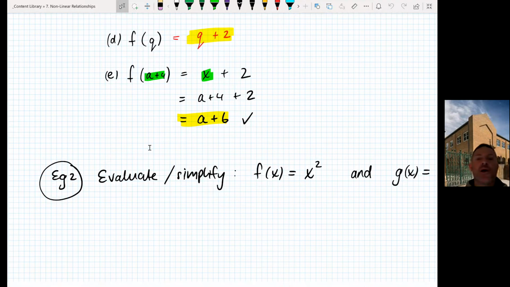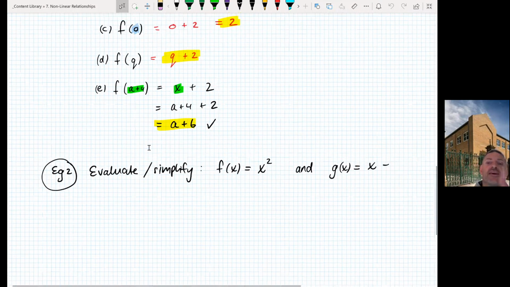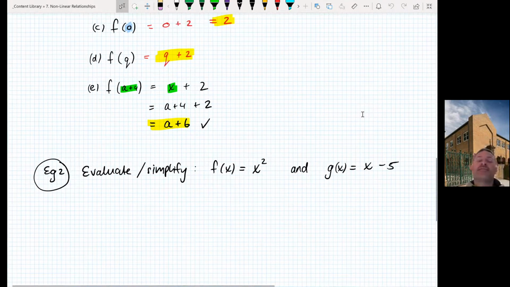So this time I'm giving you two different functions, right? And you can clearly see which is which because one's f and one's g. Remember, technically speaking, this just means y equals x squared. This just means y equals x minus 5. That's what it really does mean.